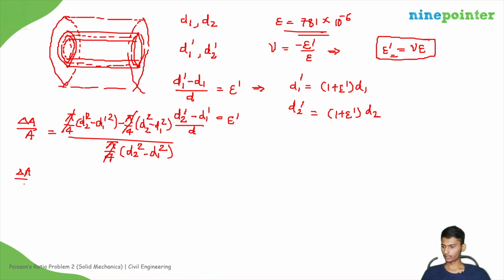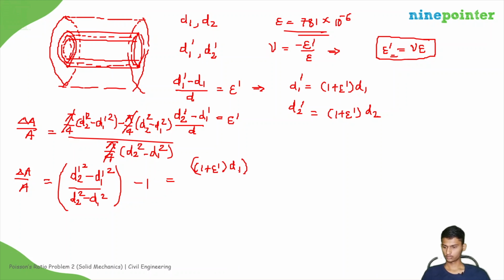So del A divided by A will be equal to (d2' squared minus d1' squared) divided by (d2 squared minus d1 squared), minus 1.